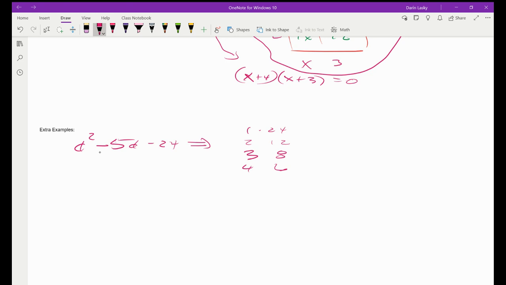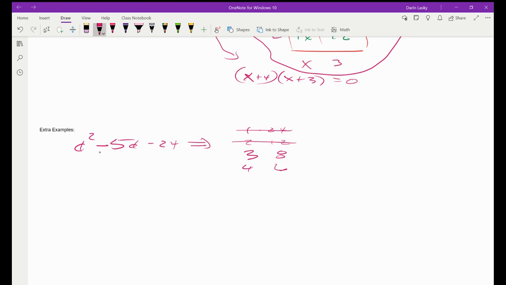Now, this is where it's kind of tricky. We have to change our signs somehow. I need negative 5, so the larger number has to be negative. This one is not going to make negative 5, and neither is that one. These two have opportunities.